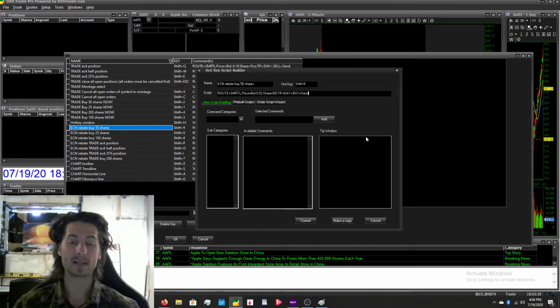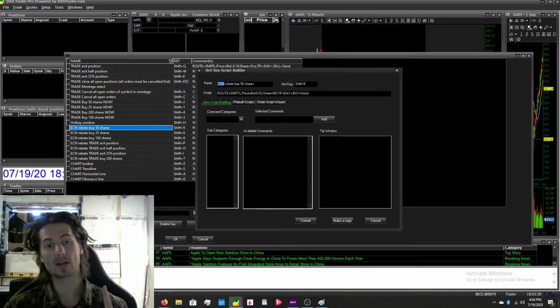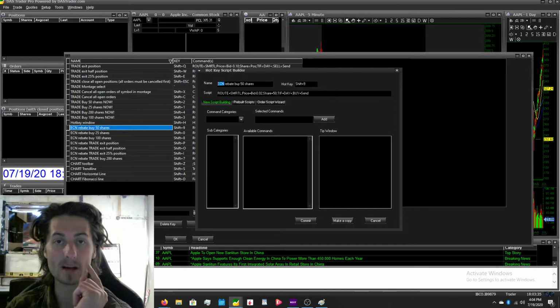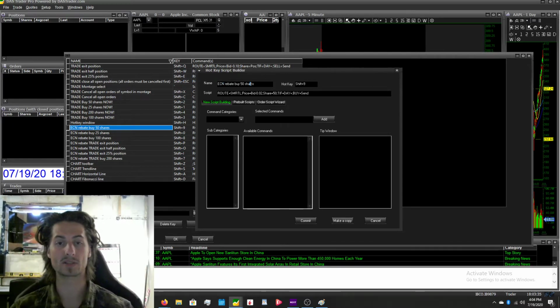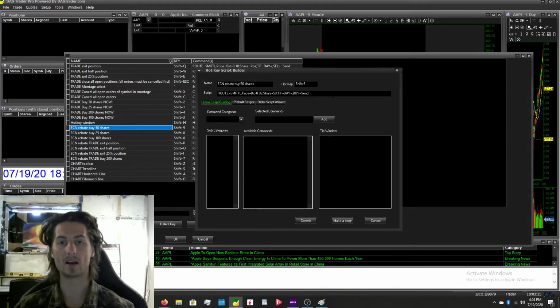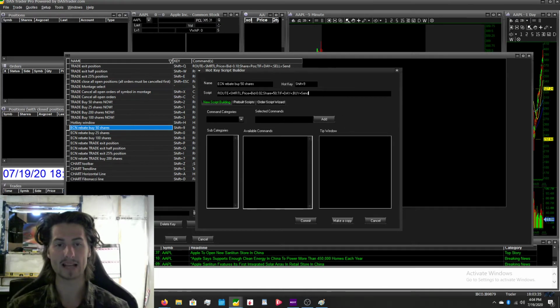And you could possibly get an ECN rebate. Now I need to talk to Interactive Brokers because I've set these keys up and I've been trying to buy on the bid and sell on the ask, and I've done it multiple times, and I kept checking my brokerage statements and I haven't gotten any rebates yet. So I need to ask them what's up.